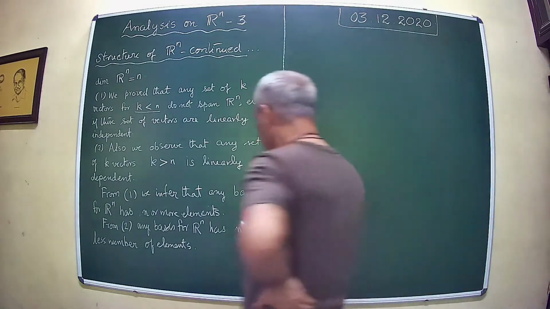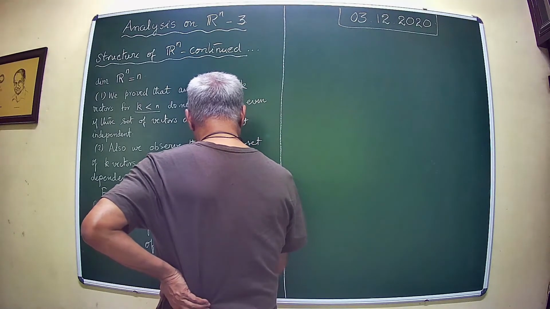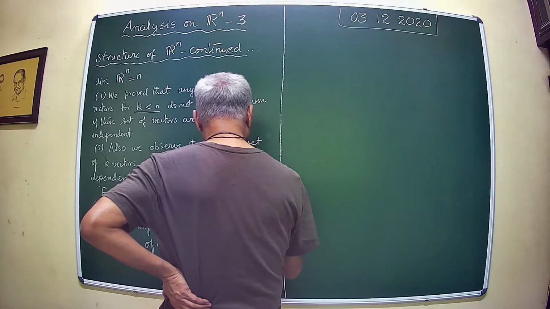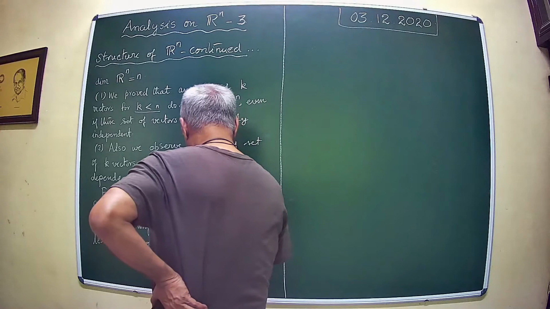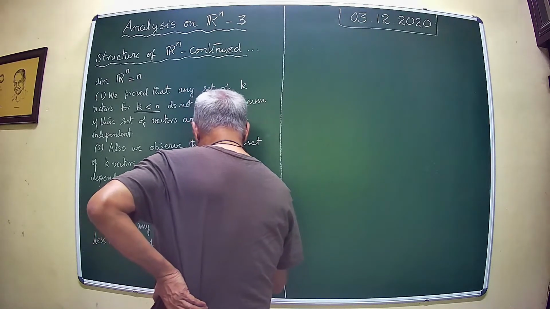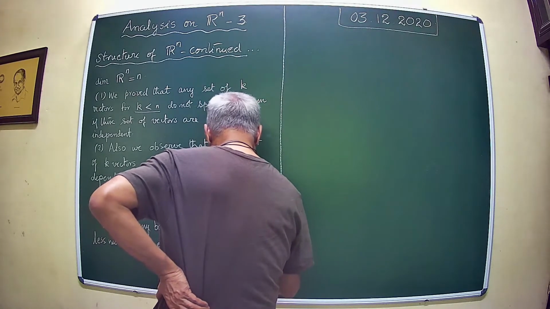Here we use that a basis spans, and here we use that a basis is linearly independent in Rn.